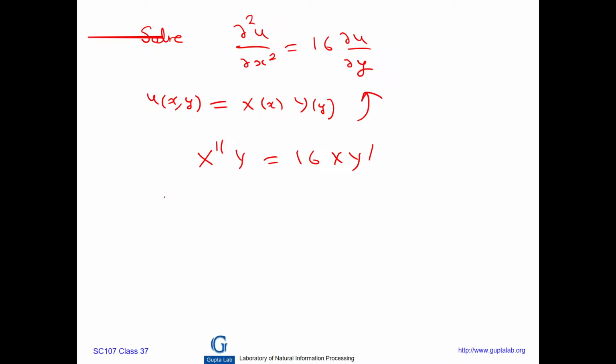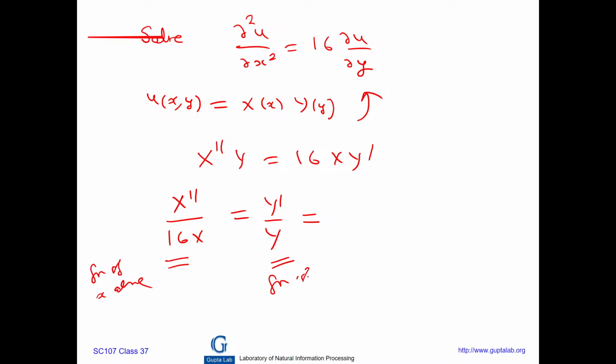So this implies that X double prime divided by 16X is equal to Y prime divided by Y. Okay, so these should be sort of same. So this is a function of x alone, and the right hand side is a function of y alone.